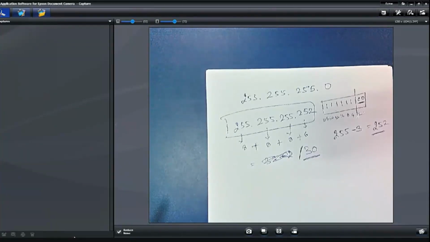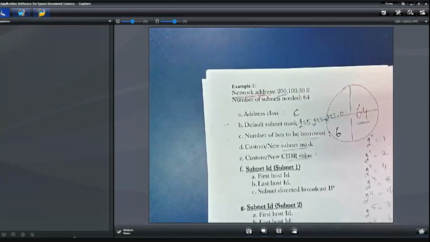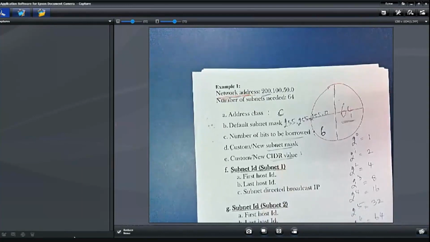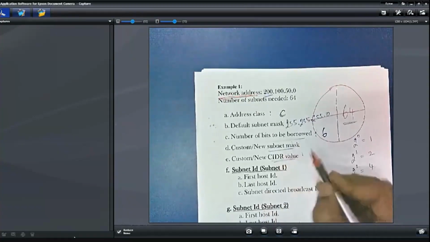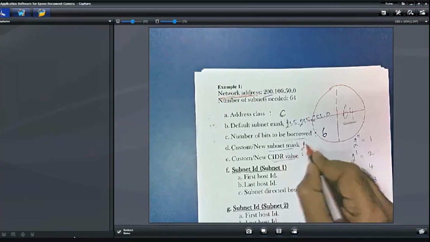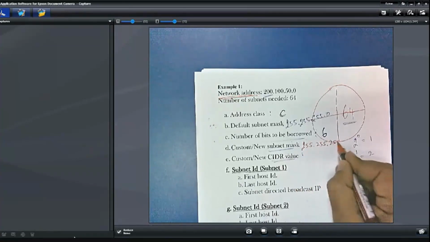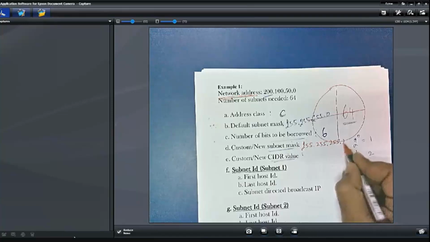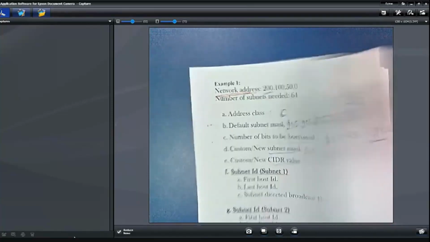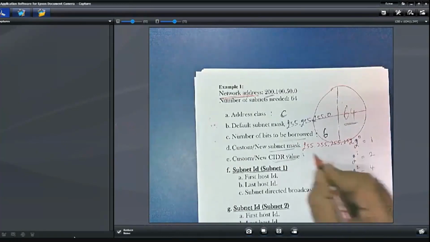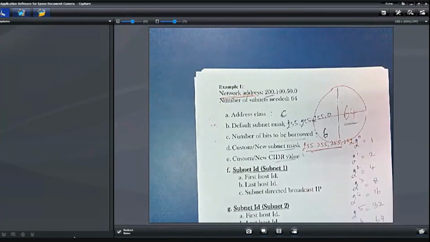Now you can see here, the number of bits to be borrowed is 6. The custom network mask is 255.255.255.252. 252 is our new subnet mask.